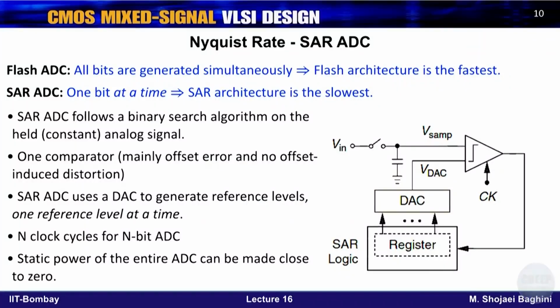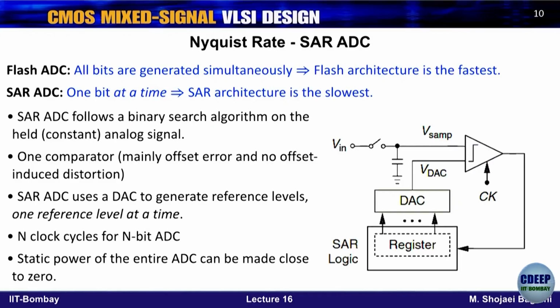Actually, extreme is defined in the first two lines. In flash ADC, all bits are generated simultaneously. Therefore, flash ADC is the fastest ADC. In SAR ADC, it is exactly opposite: one bit at a time, say one bit per clock cycle. Therefore, SAR architecture is the slowest architecture.